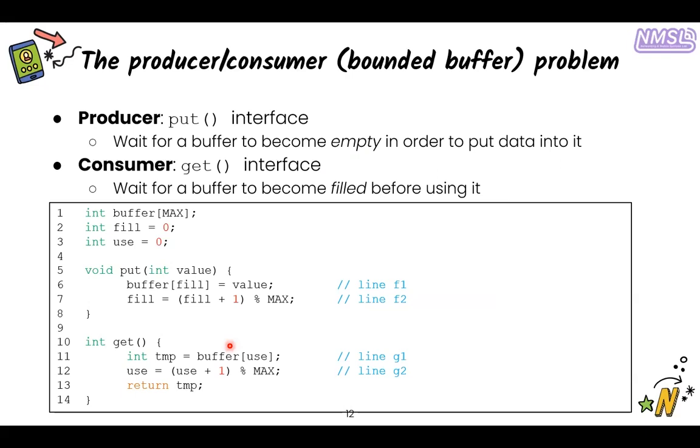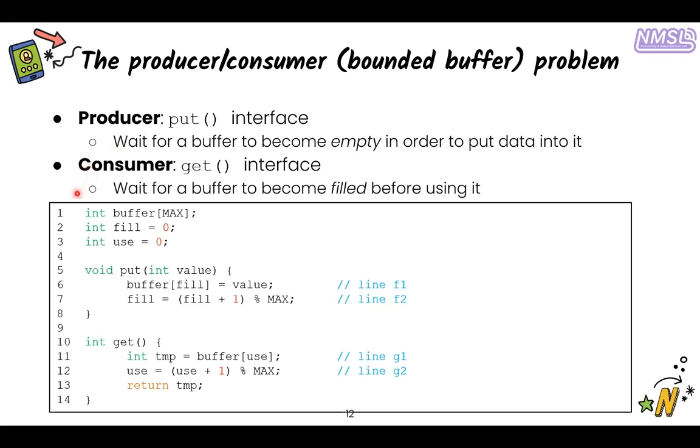Now we're going to try to solve a few different problems, and we're going to use semaphores to solve those. The first one we're going to look at is the producer-consumer problem, or as some people call it, the bounded buffer problem. The producer has a put interface. You generate something and put it in a buffer, but it waits for the buffer to become empty. You wait until it's completely empty, then you put it.